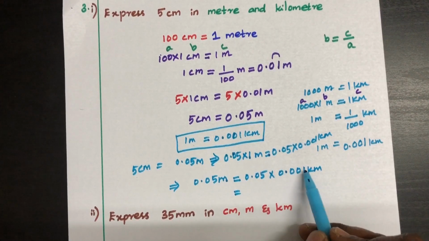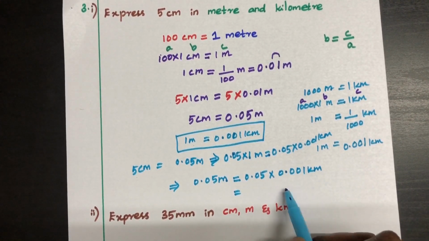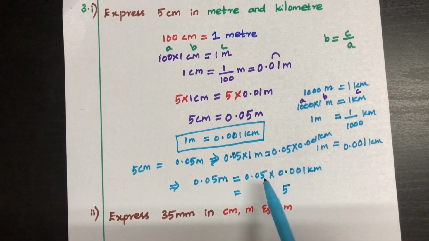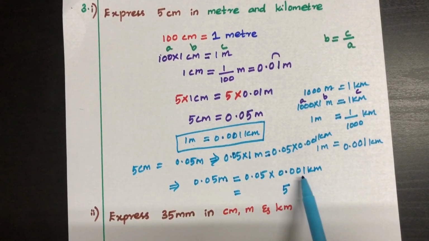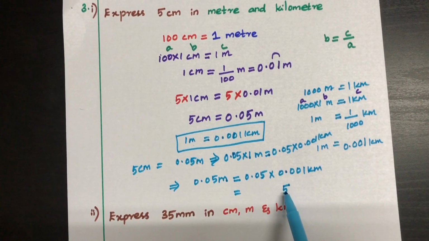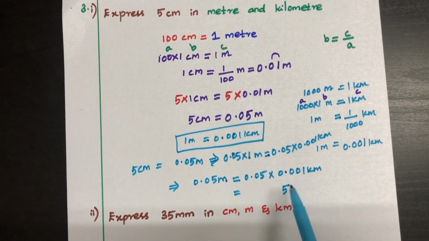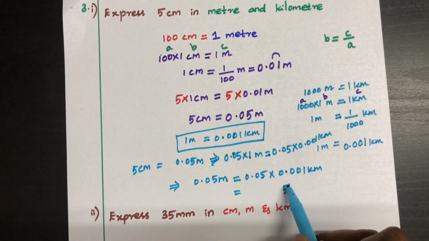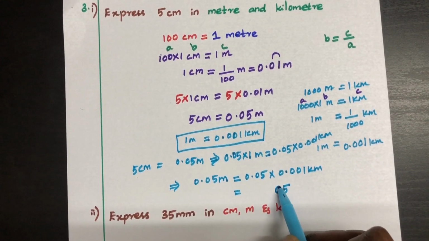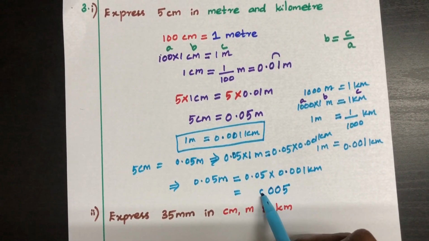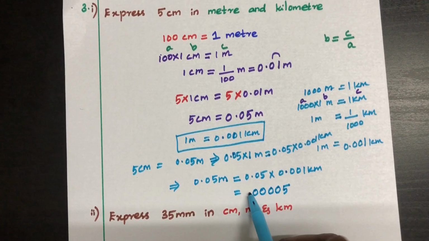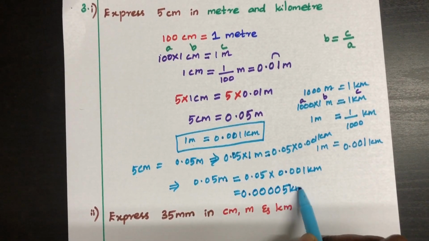We are going to multiply the numbers. 5 and 1 is 5. Now we need to count the decimal places: 1, 2, 3, 4, 5. We need to leave 5 decimal places after the point. So 1, 2, 3, 4, 5. So 0.00005 kilometer.